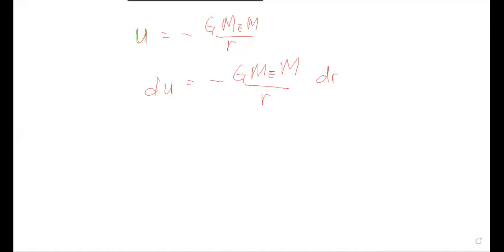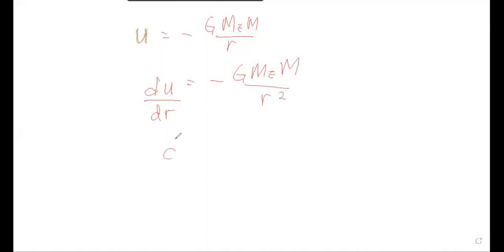So let's say I do it like this. The change dU over dR. So that means it will be equal to the derivative of negative G M_E m over R. If I put another dR here, this will be R squared.